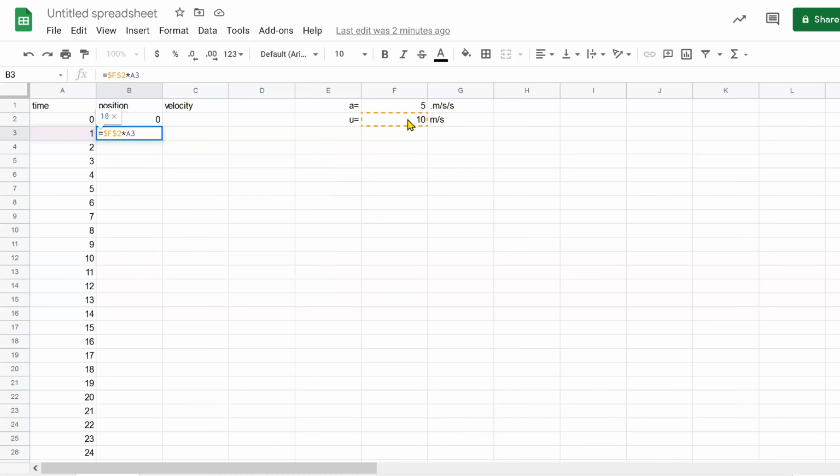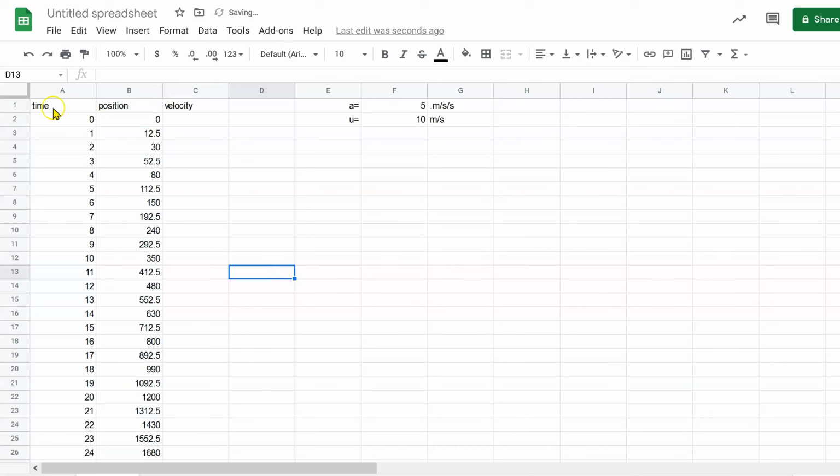What time is it? A3 plus 0.5 times the acceleration. Same thing with the acceleration, put the money signs so it doesn't move that cell, times A3 squared. And we should have, what number? 12.5. Now drag this down as far as you need to.